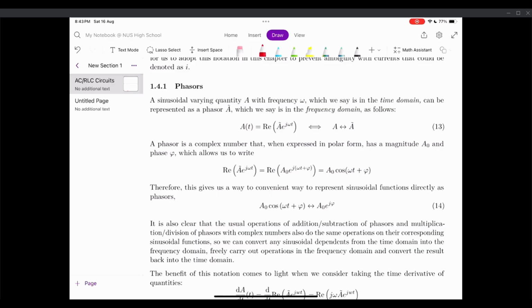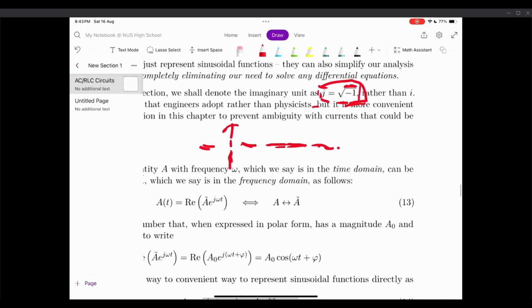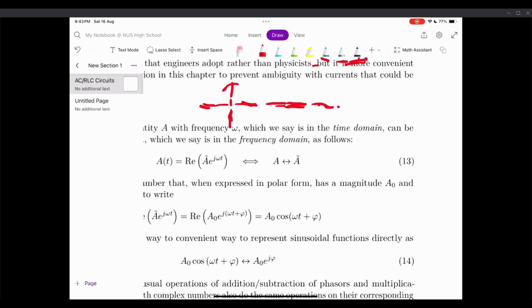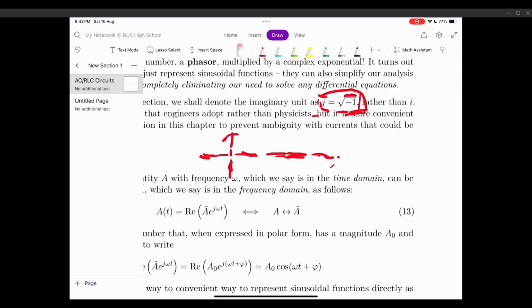It doesn't really make much sense, because let's say you had something that varied sinusoidally. Okay, just pretend it's a sine curve.